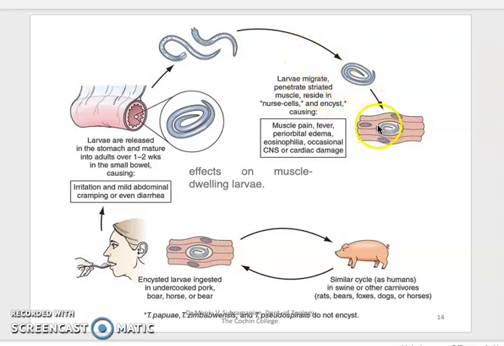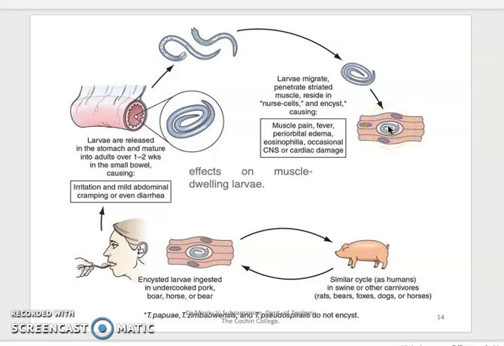These larvae penetrate into the lymphatics or the veins and are carried to the skeletal muscles, where they coil up to get encysted. You can see here the encysted form of the worm.